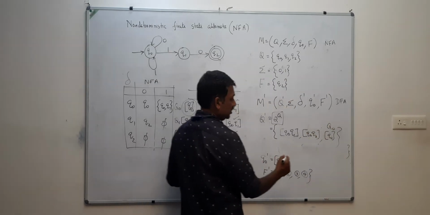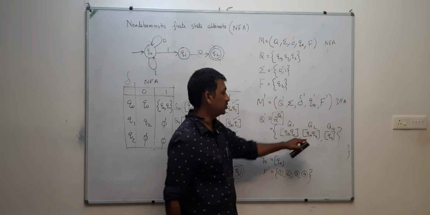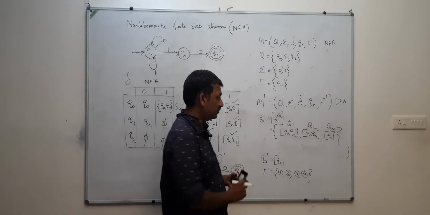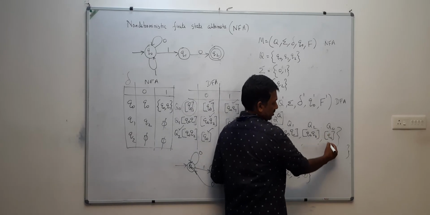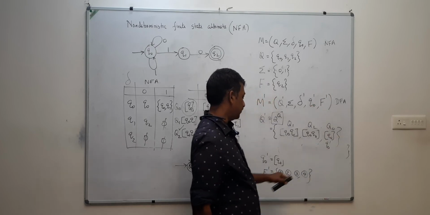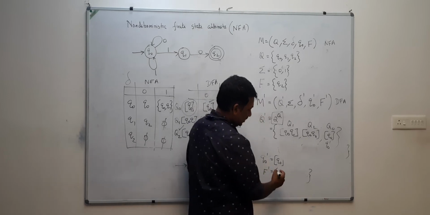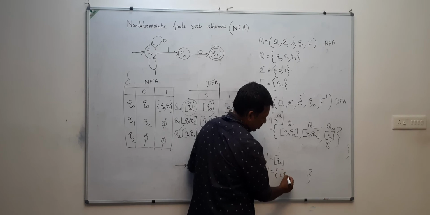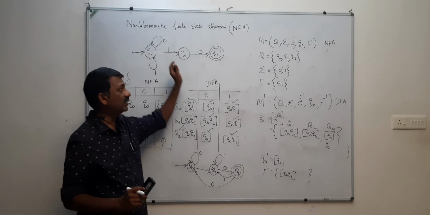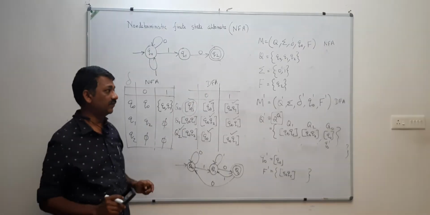This is Q1 and this is Q2, and Q2 is the final state. And Q0 dash is simply Q0, the start state, and the only final state is Q0 Q2. Okay, in this way you can easily convert an NFA to its equivalent DFA.